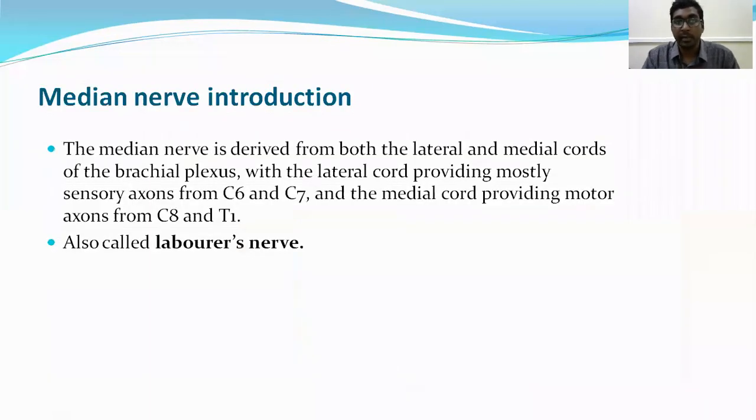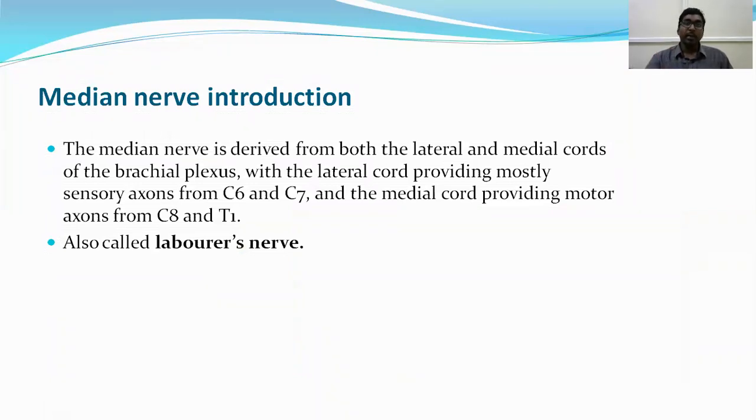So, the median nerve. The median nerve is derived from both the lateral and medial cords of the brachial plexus, with the lateral cord providing mostly sensory axons from C6 and C7, and the medial cord providing the motor axons from C8 and T1. Both the radial nerve and median nerve roots comprise C5 to T1.